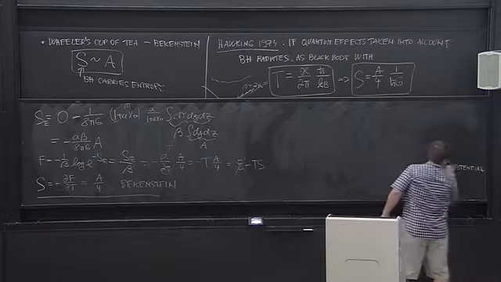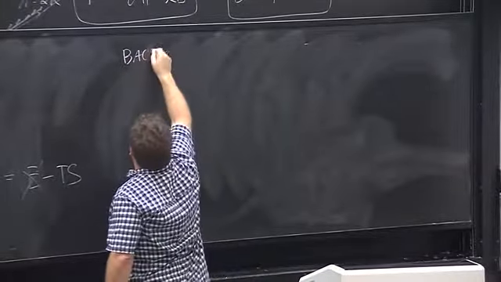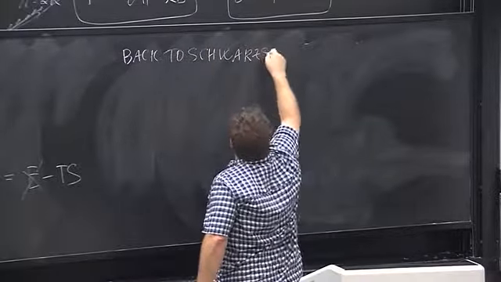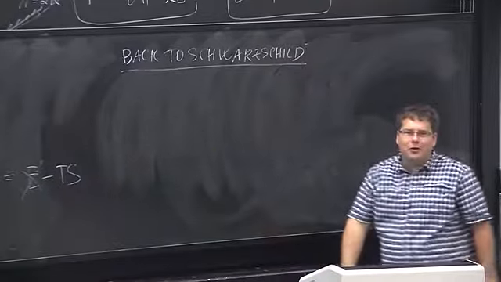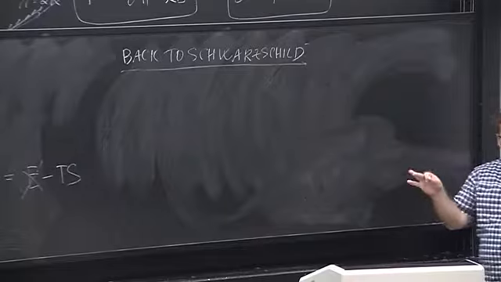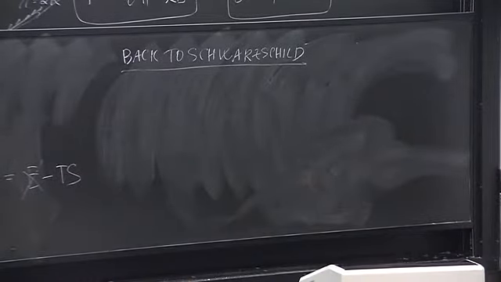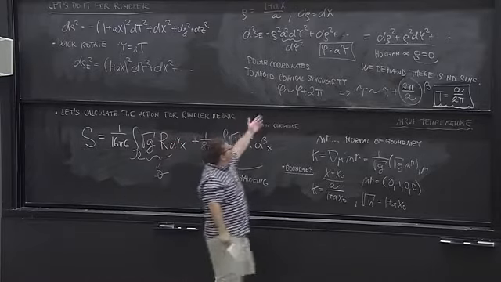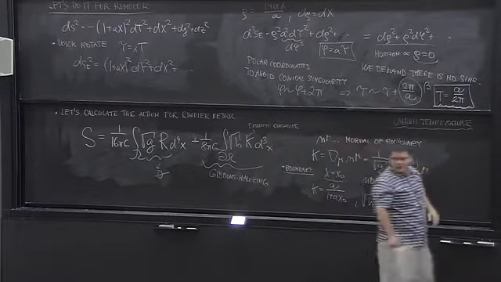Now if you return back to Schwarzschild, you can follow all the steps. You Wick rotate t to i tau, and then you play with the metric to bring it into this form, d rho squared plus rho squared d phi squared. Then you'll see that to avoid the conical singularity, I have to identify phi with period 2 pi, and I have to identify the imaginary time with something else.